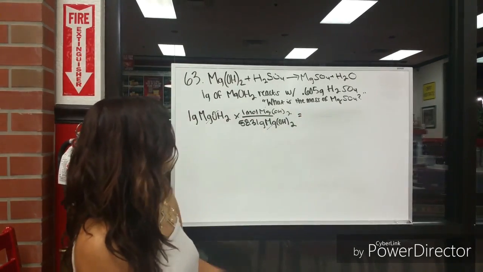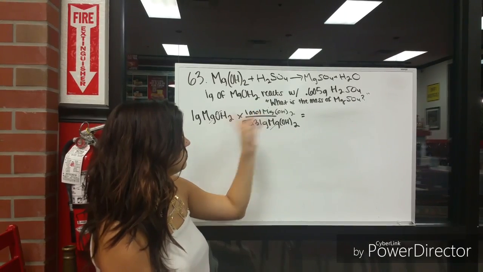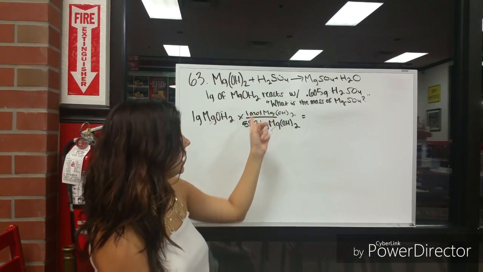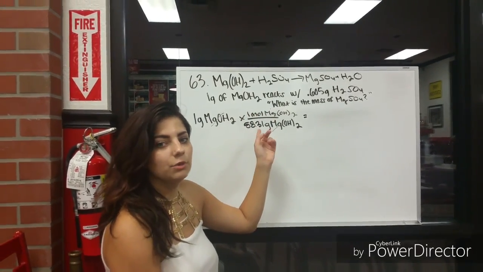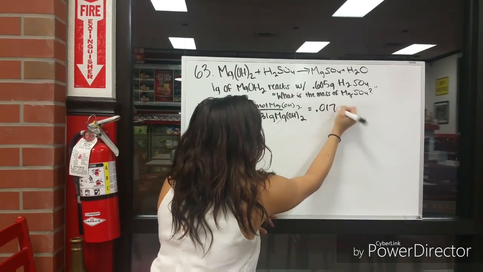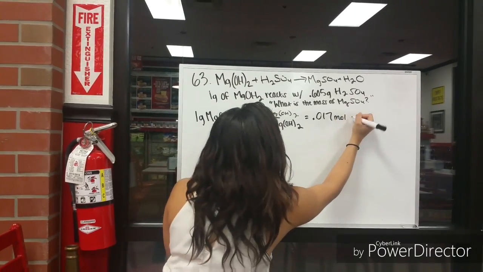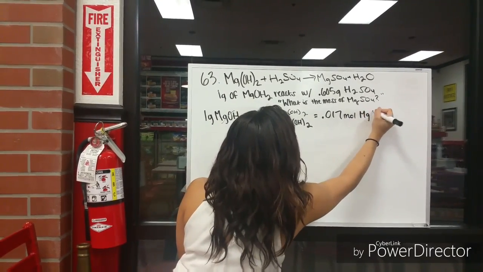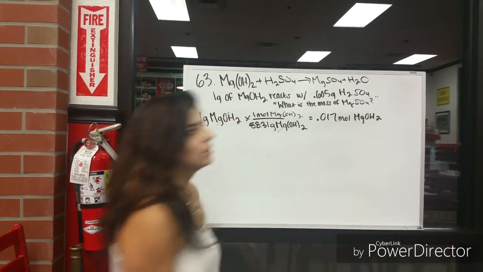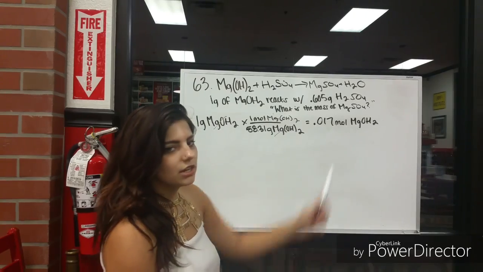And what we're going to do is 1 gram times 1 from the mole, and then divide it by 58.31. And that's going to give us 0.017, and it's going to be in moles. So moles of Mg(OH)2.